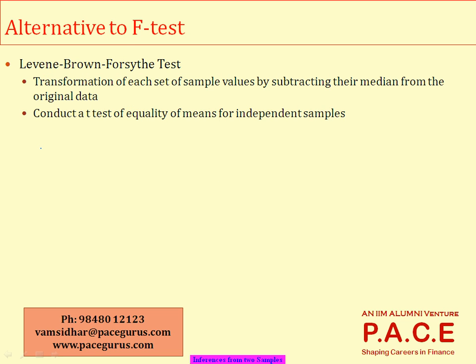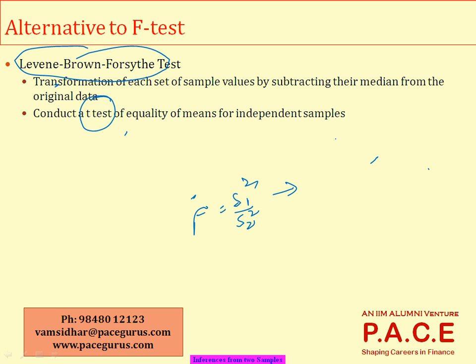Sometimes a small modification to the F test is also done. The F test gets modified. Instead of using F equal to S1 squared by S2 squared and then finding a critical value and then accepting or rejecting the hypothesis, there is the Levene, Brown and Forsythe test, which is an alternative to the typical F test.